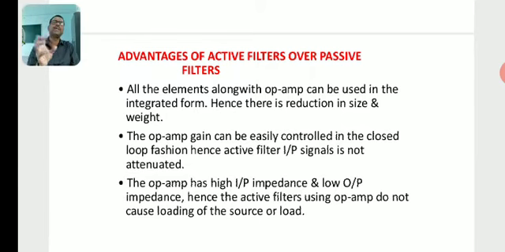Hence, active filters using op-amps do not cause loading of the source or load. So in an op-amp filter, the input impedance is high and the output impedance is low, so there is no loading of the source. These are the advantages of active filters over passive filters.